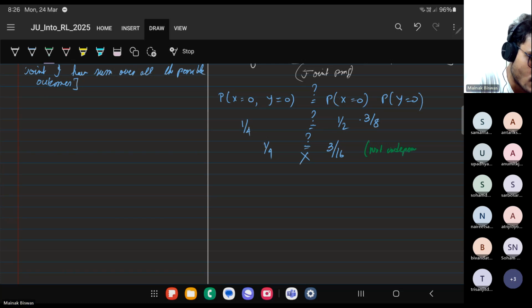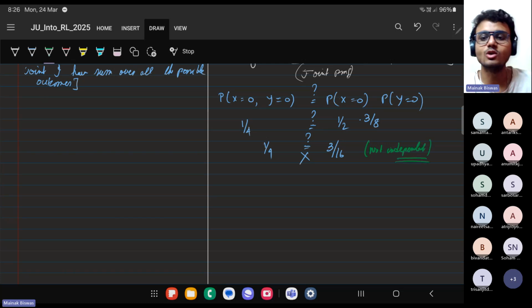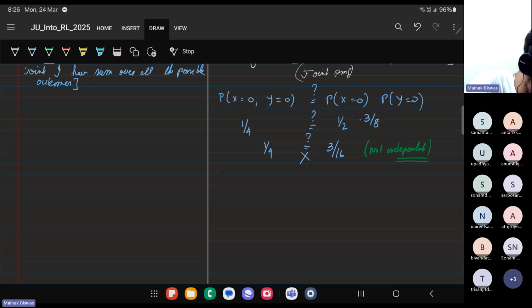So this is an important lesson to learn over here. For example, by chance it had become 4 by 16. Could we stop there and say that it was independent? If just by chance P of X equal to 0 and P of Y equal to 0 turned out to be 1 by 4, could we conclude X and Y to be independent?